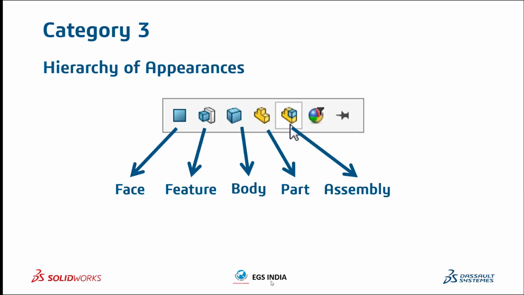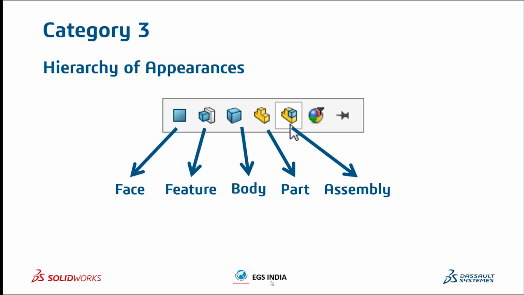So instead of applying the same appearance in the face, the same appearance in the feature, the same appearance in the body, you can directly go forward and give the appearance in the part or assembly file. This is going to save a lot of time and effort for the system and the resources required, as these multiple overrides can increase graphics processing and also make it difficult to understand why the model looks a certain way.